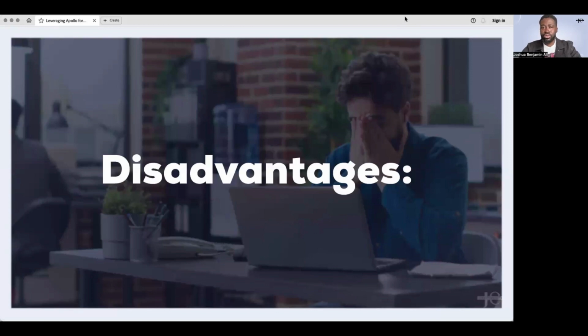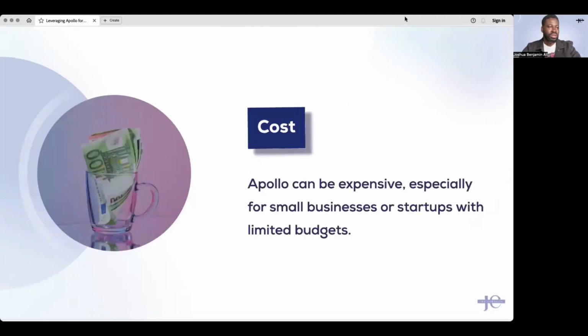Now, let's move on to the disadvantages. Cost. Yes, Apollo can be quite expensive, especially for small businesses and startups with limited budget. So if you have a limited budget, it could be a bit expensive.